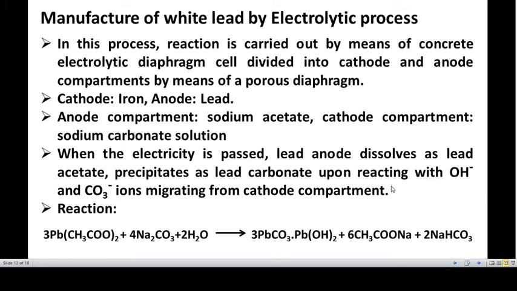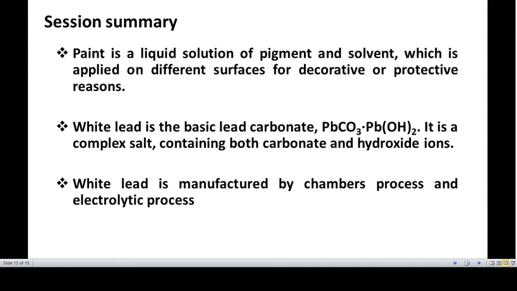So because of the reaction between the lead acetate and sodium carbonate, you are going to get the white lead, that is PbCO3·Pb(OH)2, in the following reaction. So this is how you can prepare the white lead by the chamber process and electrolytic process.